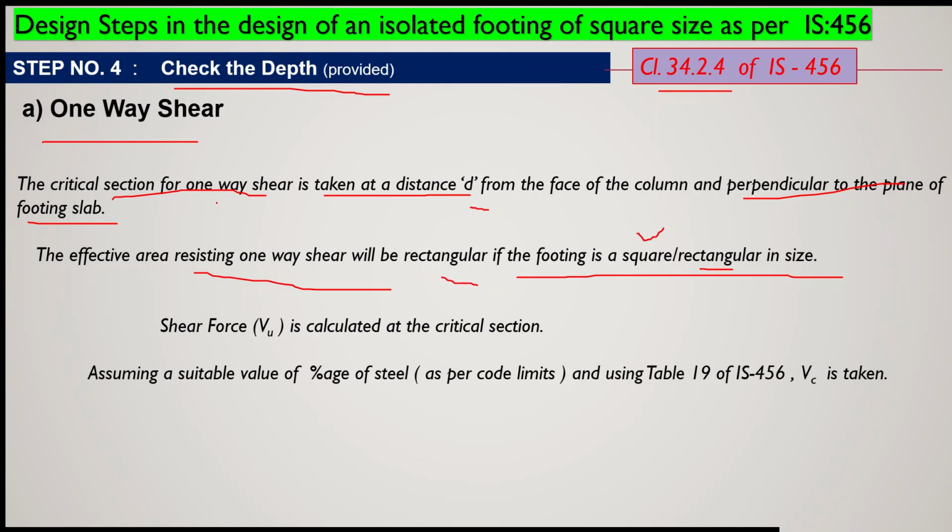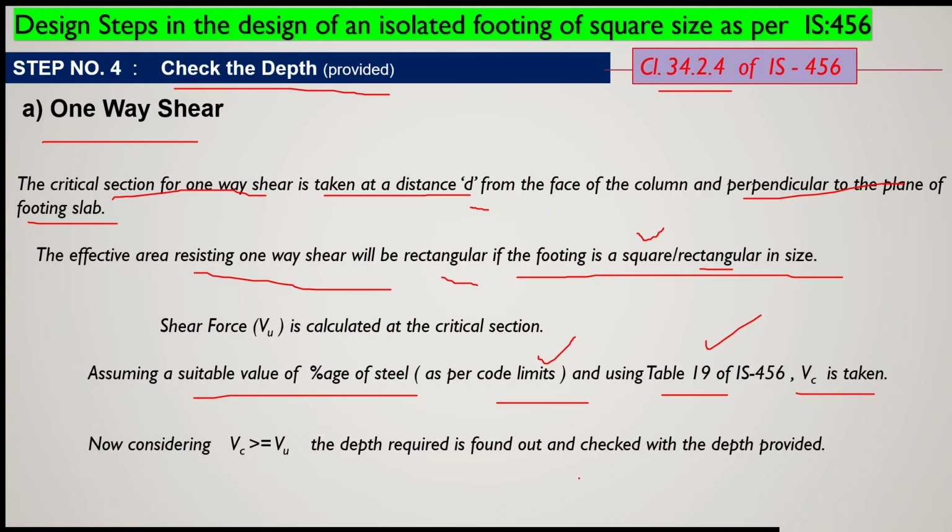Then after finding out the VU, we will be assuming a suitable percentage of steel as per the code limit. That means we will be going to table number 19 of IS 456, and from table number 19, first of all we will be assuming some percentage of steel within the limits prescribed by the Indian Standard Code, and from that percentage of steel and taking the grade of concrete from table number 19, we can find out what will be the shear force which can be resisted by concrete.